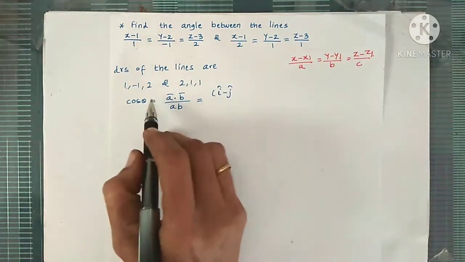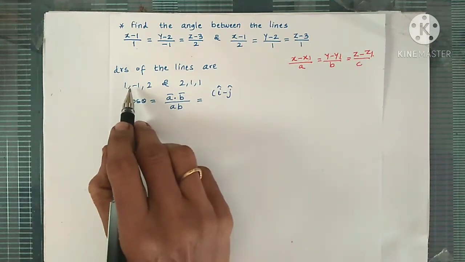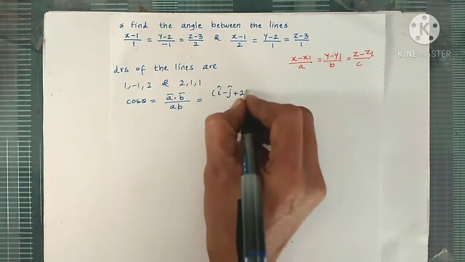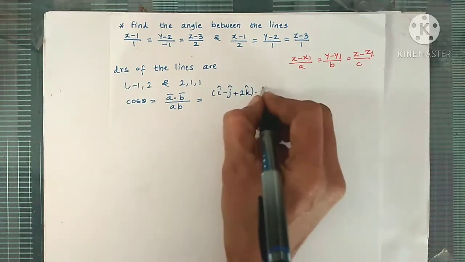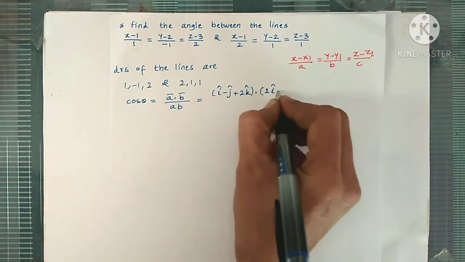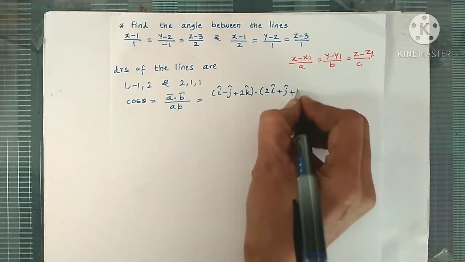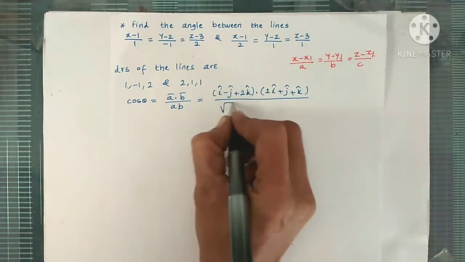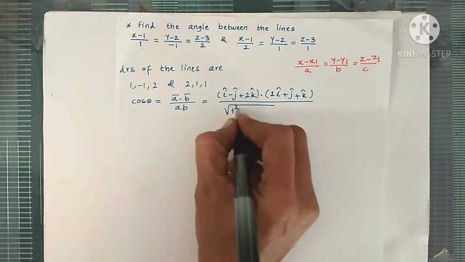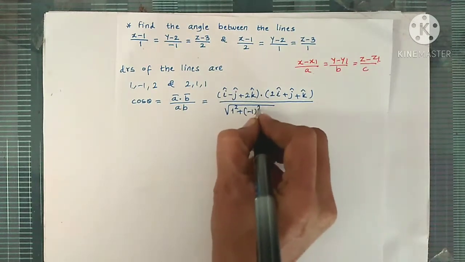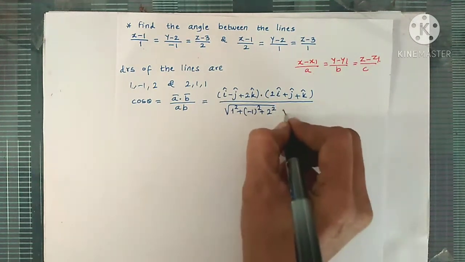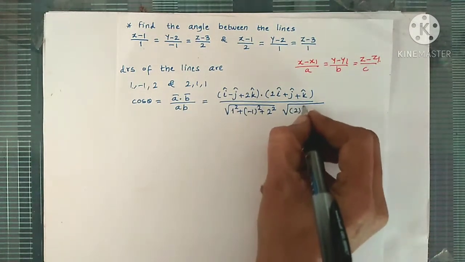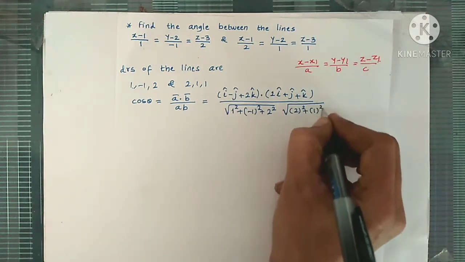So a bar, the direction ratios of first line, is i cap minus j cap plus 2 k cap, dot 2 i cap plus j cap plus k cap, divided by modulus of a bar, that is root of 1 square plus minus 1 square plus 2 square, and modulus of the second is root of 2 square plus 1 square plus 1 square.